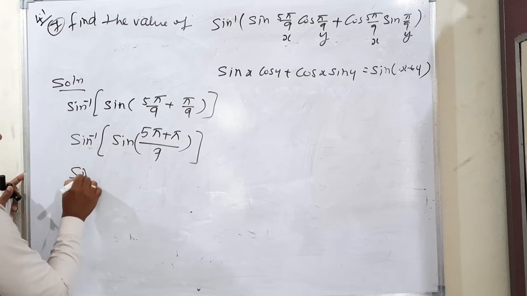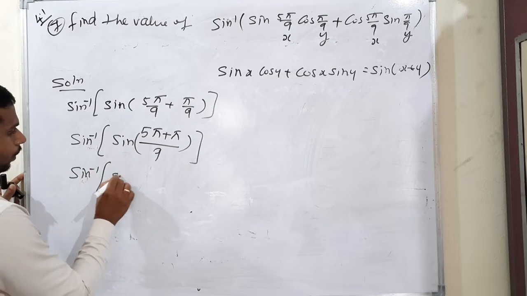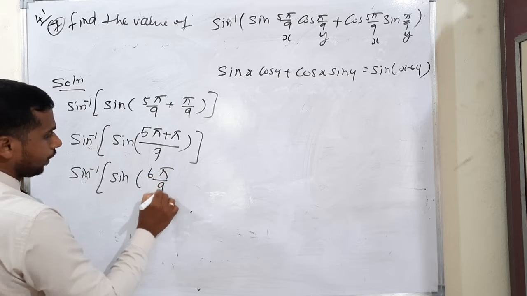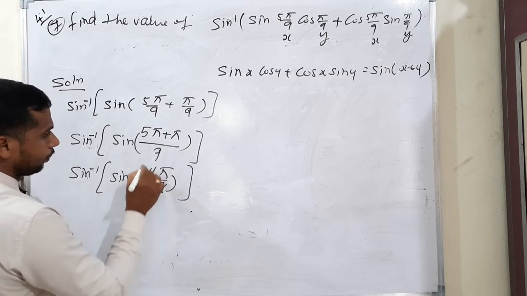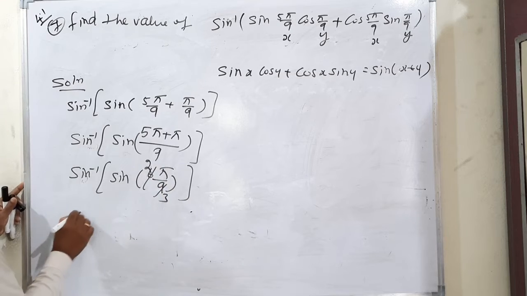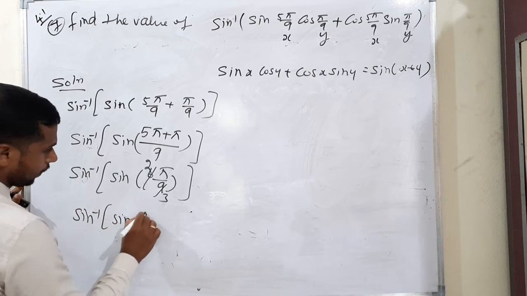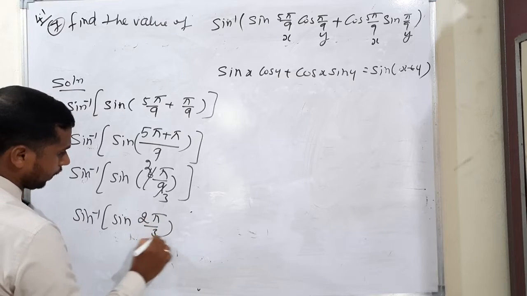Therefore sine inverse of sine of 5 pi plus pi means 6 pi by 9. Cancelling by 3, we get 2 by 3. Therefore sine inverse sine 2 pi by 3.